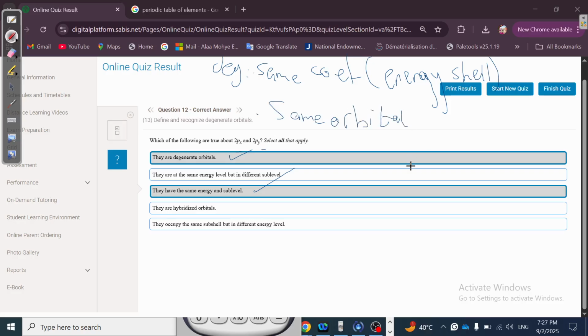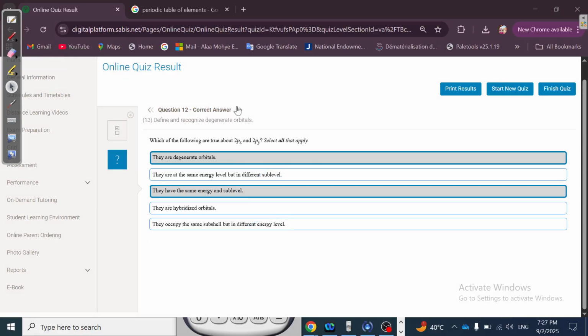Okay, they are at the same energy, but in a different sublevel. Wrong. The same sublevel. Hybridized orbitals? No, it's not hybridized. They occupy the same subshell but in different energy levels? No. Okay. I'll give you guys a minute. Moving on.